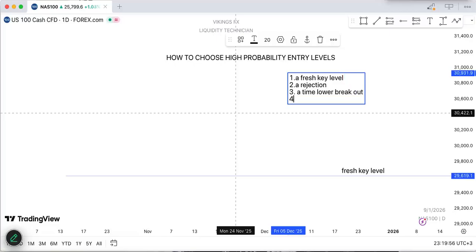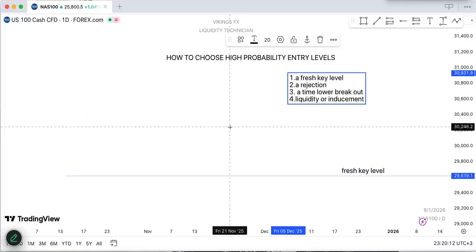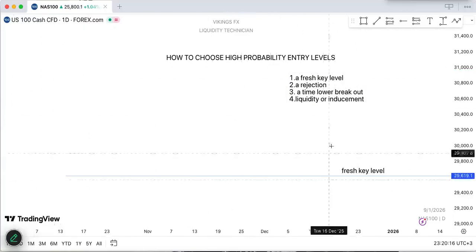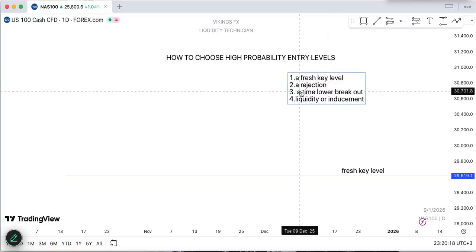Lastly, this is optional. It can be there or it can't. That is liquidity, probably. Liquidity or inducement. So this is optional. Okay, so we have to have a fresh key level first and foremost, then a rejection.